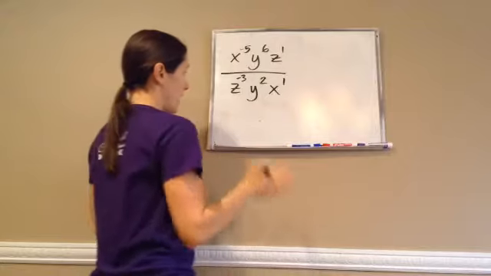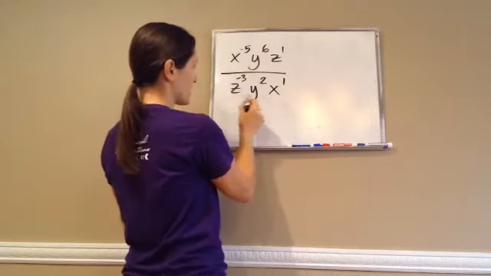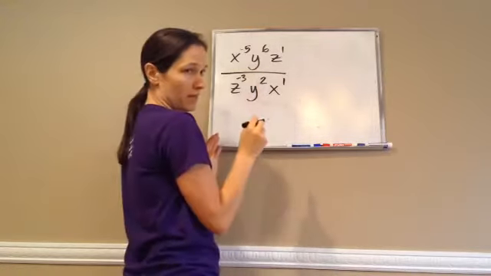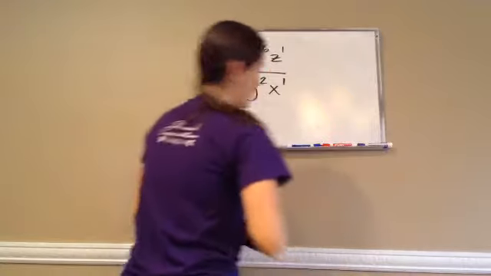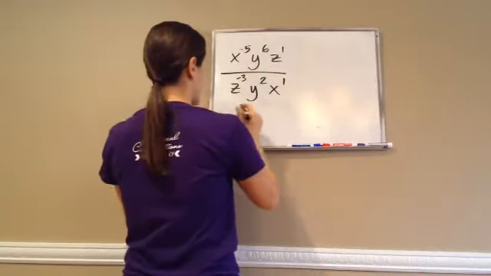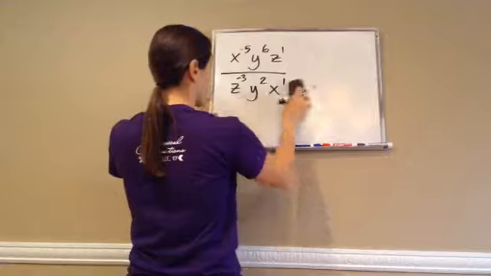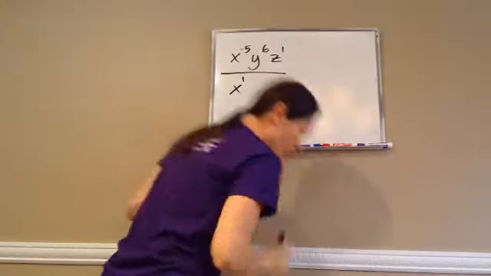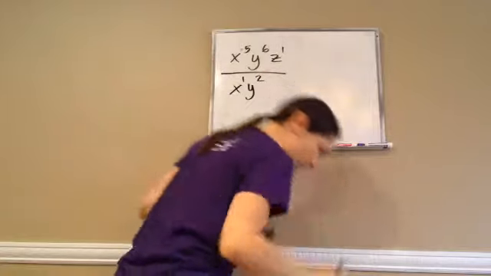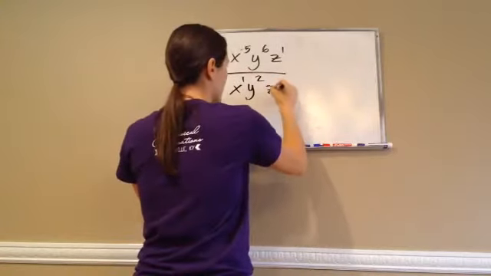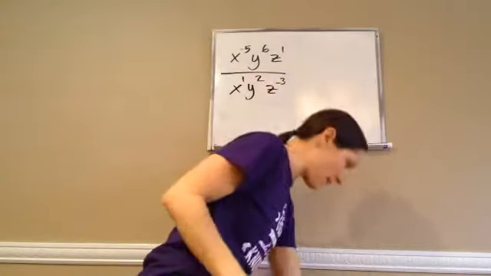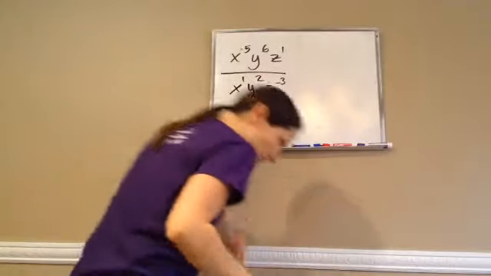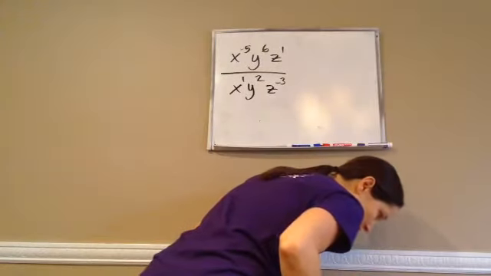Alright? Now, what I want you to do is, you see how this is z, y, x, and this one's x, y, z? I'm going to go ahead and put them in order. It just seems to make more sense to do it that way. So it's the x and z. x over 1 was that one, y over 2 was that one, and z to the negative 3 was that one. Alright, so let's go on and write out the answer for this.